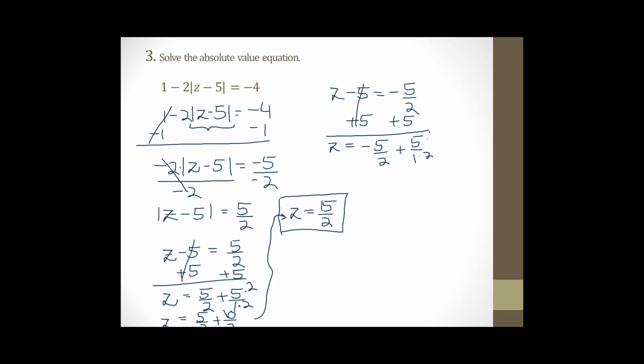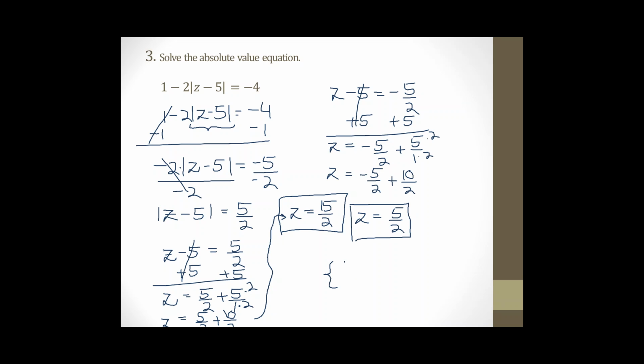So multiply bottom and top by 2. So z equals -5/2 plus 10/2. Now add the numerators, and -5 plus 10 is 5/2. And this would be my second answer.